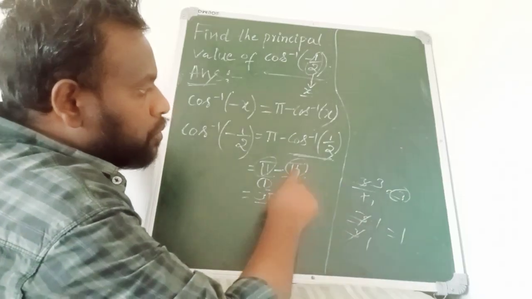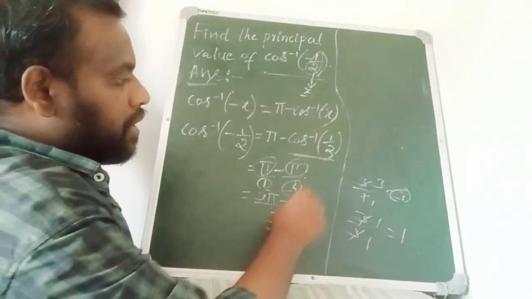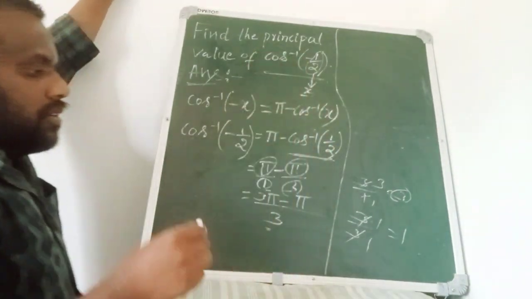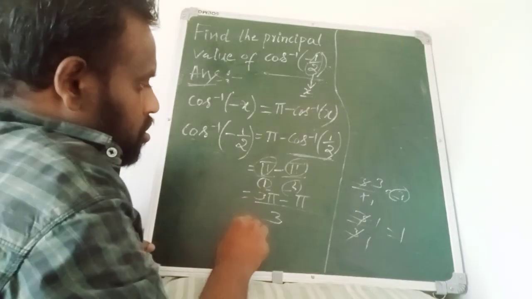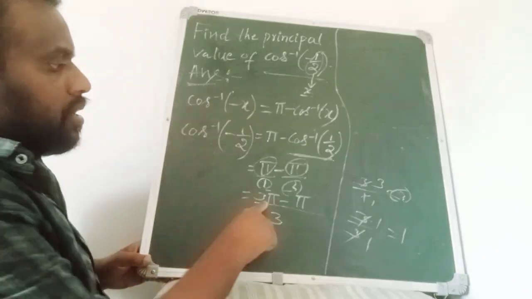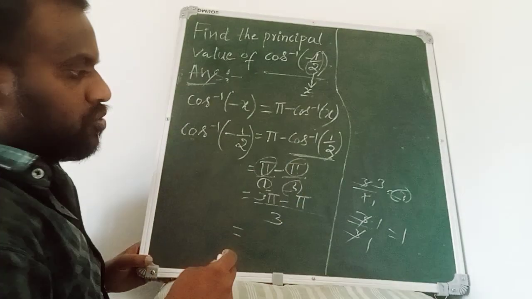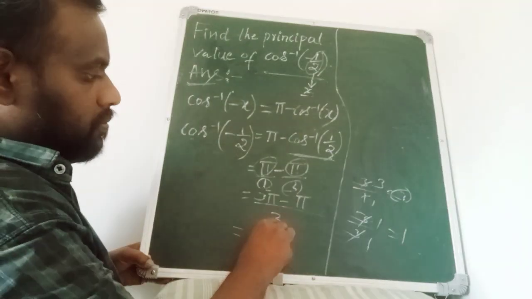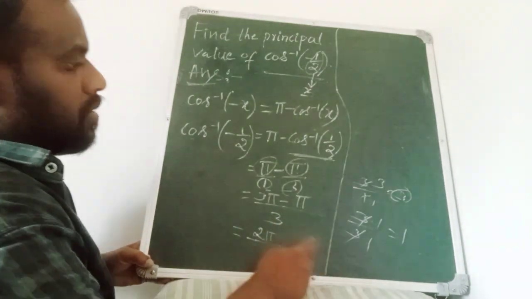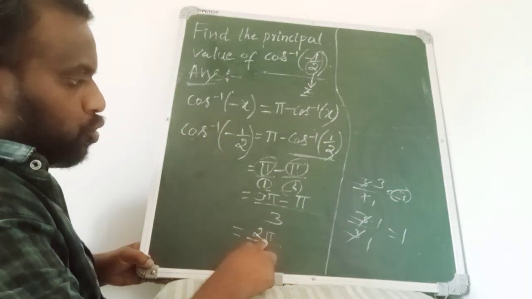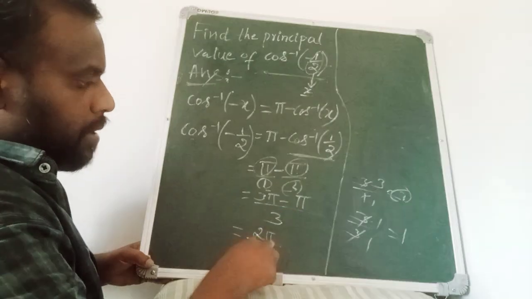So 1 into pi is pi only. So next step, 3 pi minus pi is what? 2 pi. 3 pi minus pi is 2 pi divided by 3.